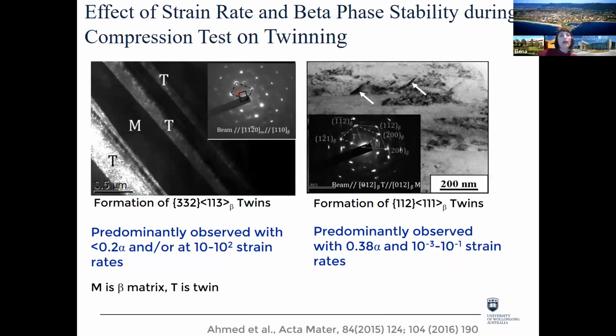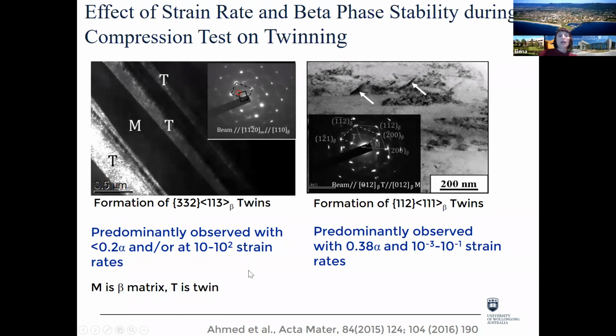Also, typically we observed formation of 332 twins when we have a relatively small amount of alpha phase formed in this material. It means that we have a bit less stable beta phase. And when we have higher beta phase stability with a larger amount of alpha phase present, we will have formation of 112 twins directly inside the beta matrix.